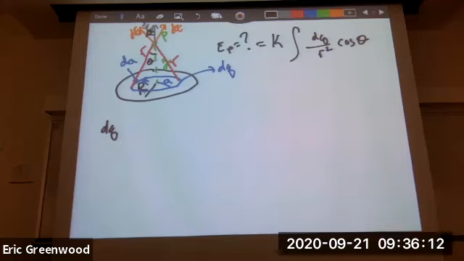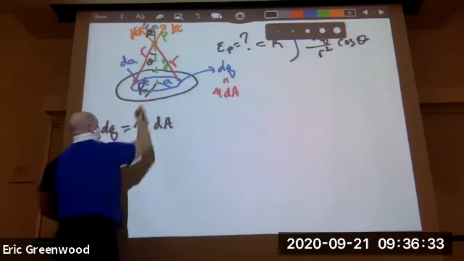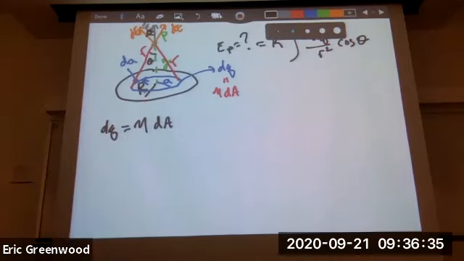So since this has an area symmetry to it, we're going to rewrite our dq as eta dA, where dA is the differential area contained inside of this ring that we drew. Okay?